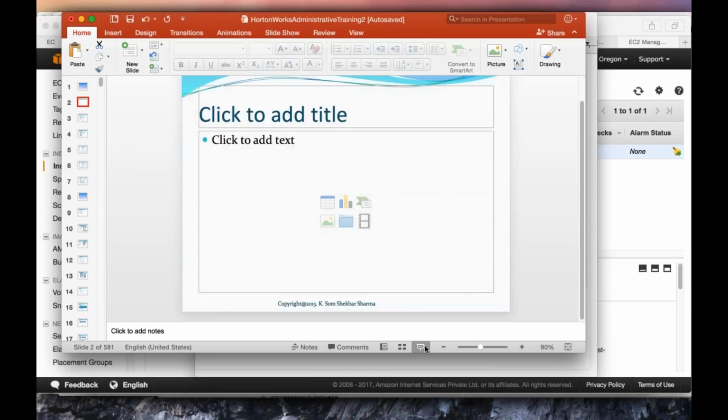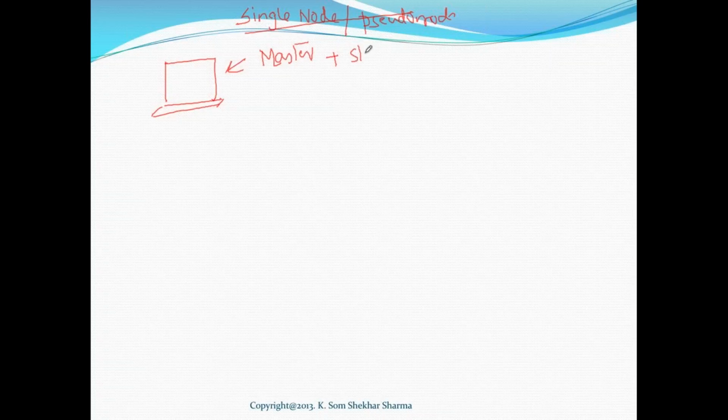To just clarify what I have just told: this is your pseudo mode setup, single node. One machine is acting both as a master machine as well as your slave machine.